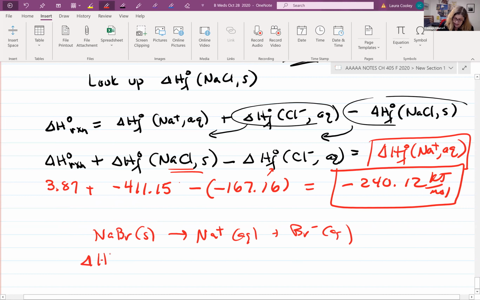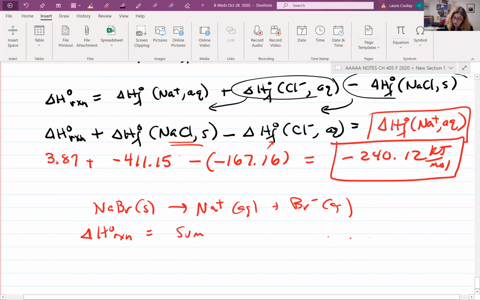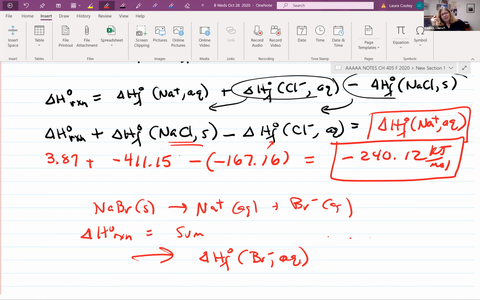You'd use your delta H0 reaction equals the sum, just like what we did before. And then you would be able to get the delta HF0 of bromide. And it would be based on that original definition that we made, the original zeroing that we did.